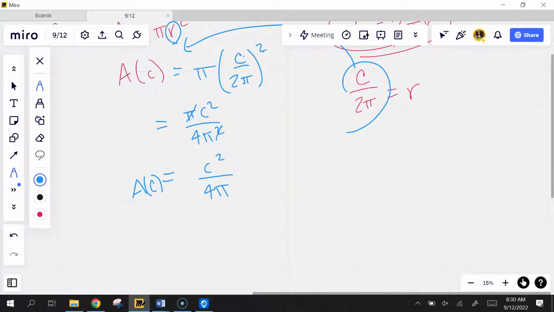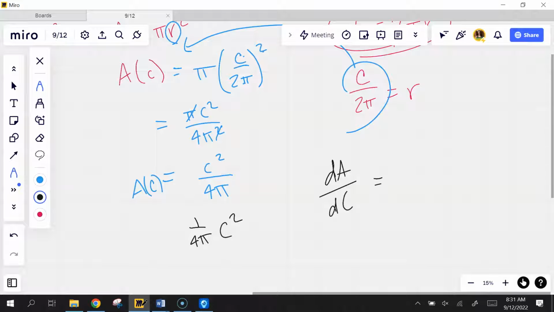Find the instantaneous rate of change of the area with respect to the circumference. So derivative of the area with respect to the circumference. Remember, this is just a constant here on the bottom, right? In fact, I could write this as 1 over 4 pi times c squared. And for me, that's a little bit easier to find the derivative of.